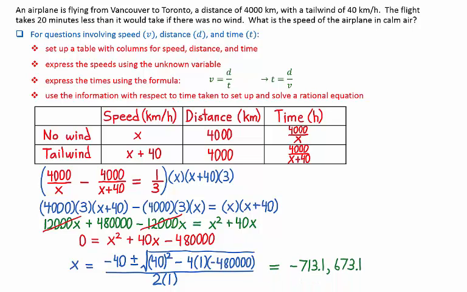This gives two results, negative 713.1 and positive 673.1. Note here that we ignore the negative as we are looking for a speed. We can then say that the speed in calm air, which corresponds to the x, is 673 kilometers per hour.